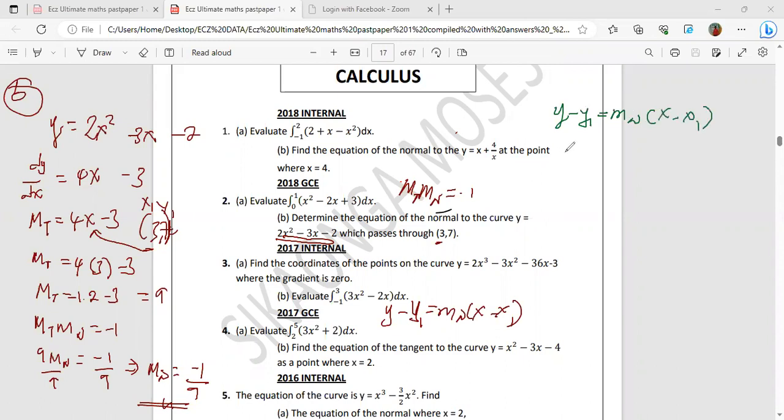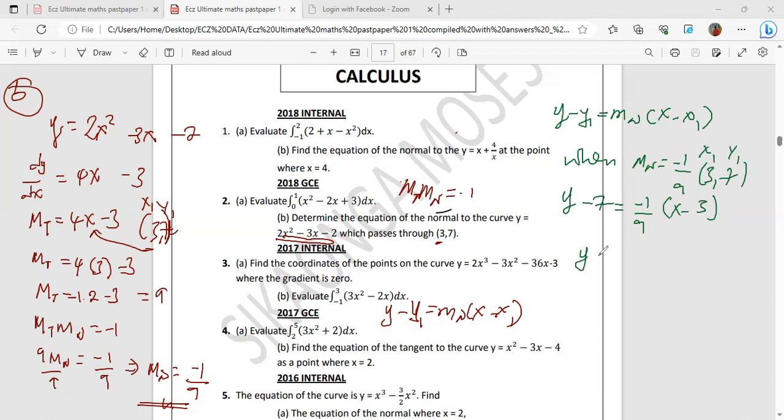So our m n is -1 over 9. Then our coordinates, we have 3, 7. So this is our x1, this is our y1. So we're going to say y minus y1, which is 7, equal to negative 1 over 9 times x minus 3, like that.